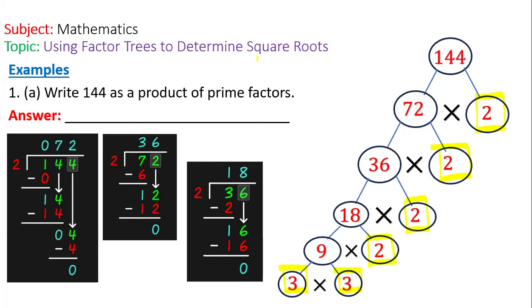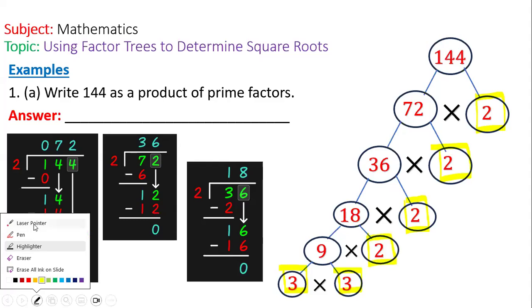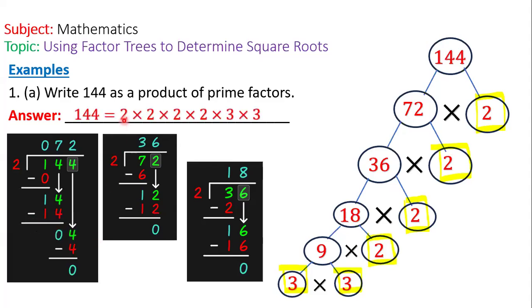We're trying to get all the prime numbers, so it's going to be 2 times 2 times 2 times 2 times 3 times 3. All right? Does that make sense? Yes, sir. That makes sense.